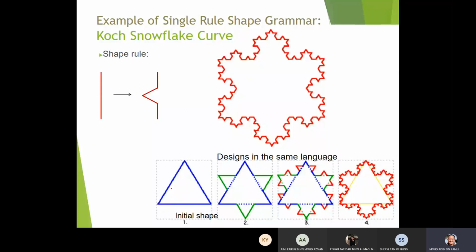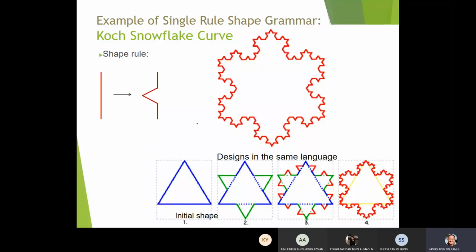So basically what happened is you keep applying the rules again and again. Okay. In this case, you apply to all the 3 sides, you get this. Then you keep applying the same rule towards the shorter lines. Okay. That's how you get that. And basically, you can also apply the rules to these very small lines here.